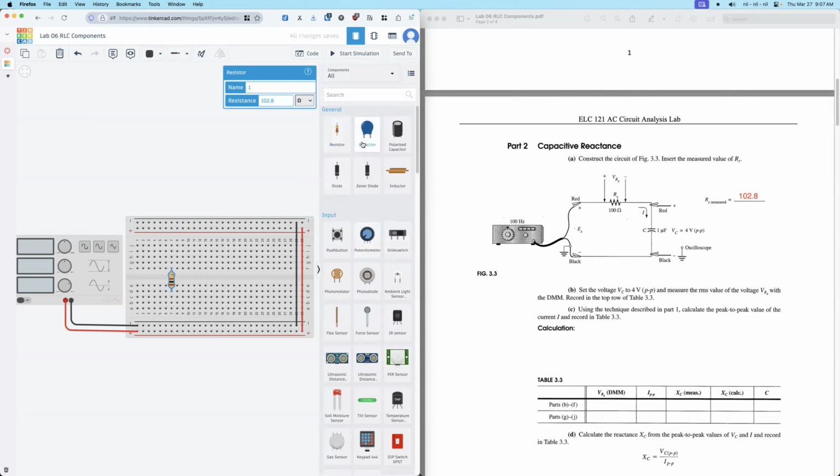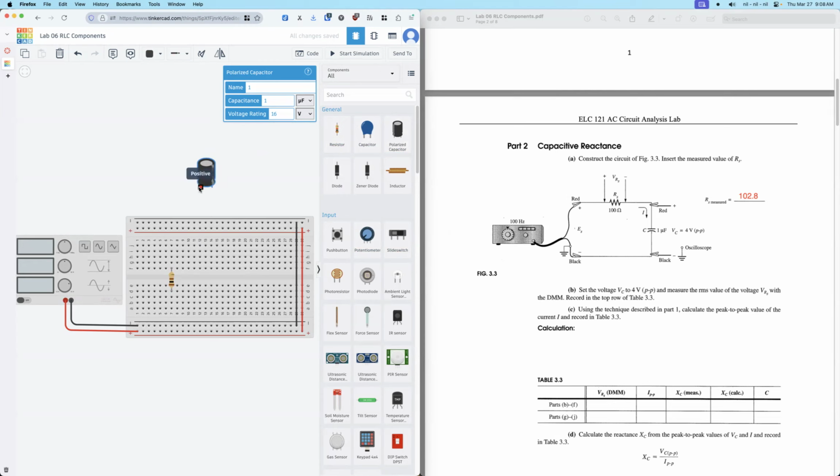For the capacitor, you could use this one or the polarized one. Just remember, the polarized one has legs with a positive and a negative. This is the negative, this is the positive. So we need to flip, mirror this one.